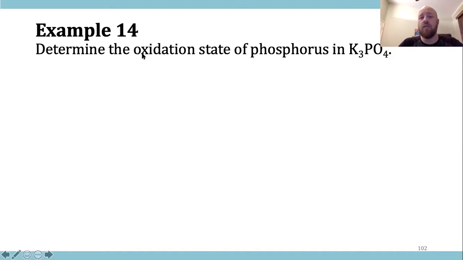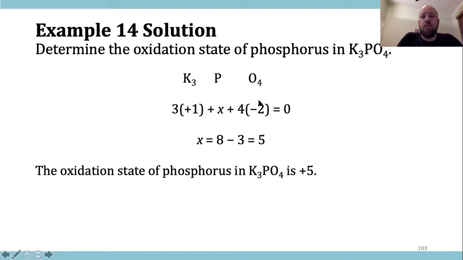What is the oxidation state of the phosphorus in this molecule? Again, straight off our nomenclature quiz. The overall molecule is 0. Potassiums are all +1, they're alkali metals.